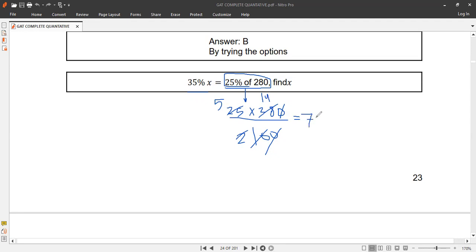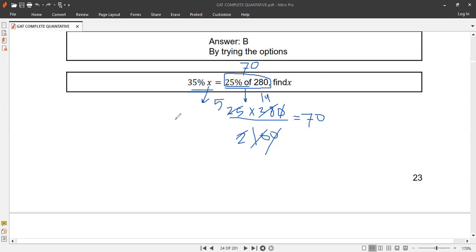So now I replace this by 70. 35% of a number equals 70. So he wants the whole. 35% of what number equals 70?